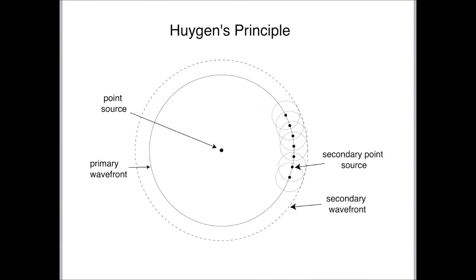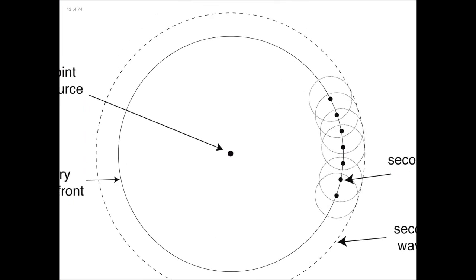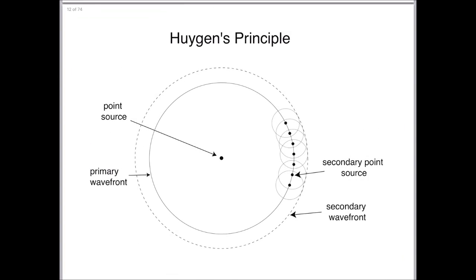And that is how the wave propagates forward. So you start with the point source, you come to a primary wavefront, then you have a secondary wavefront, and so on. As time goes on, the disturbance which began at the point source makes a bigger sphere and a bigger sphere and a bigger sphere and distributes energy outward radially.